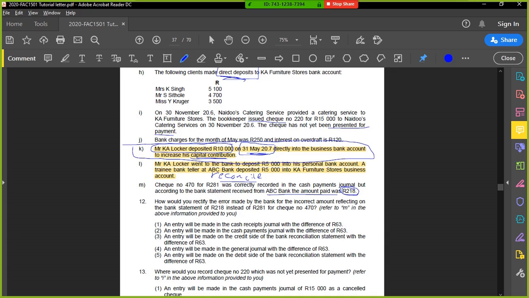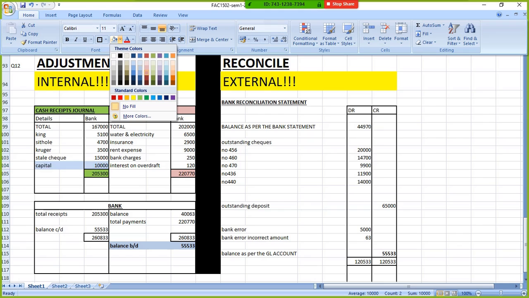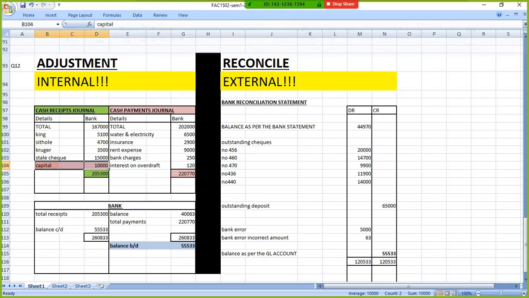Do you see? So I assumed it was outstanding, and that's incorrect. So this outstanding, I'm going to delete. So what is it then? It's not an adjustment, not an outstanding transaction. Okay, so I'm just going to put a note here for this one, asterisk.